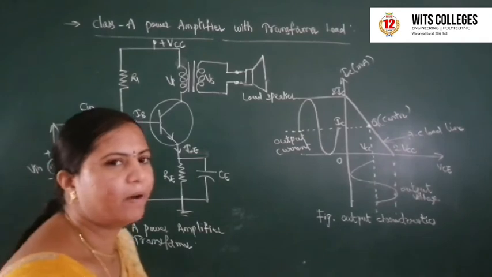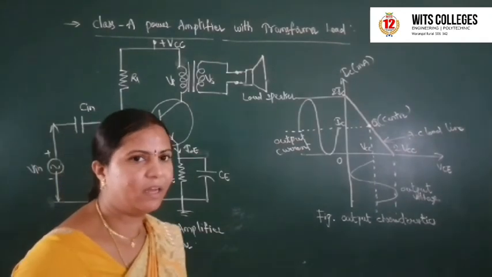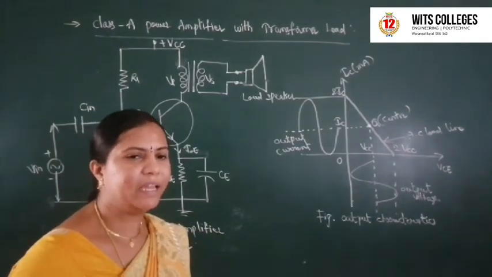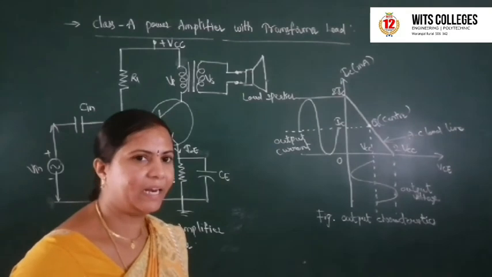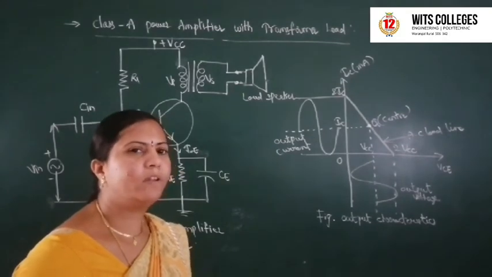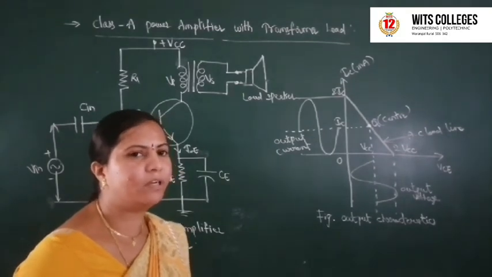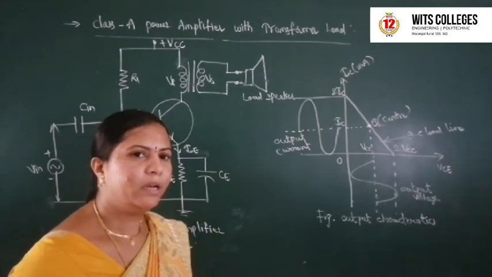Power amplifiers are used to drive transducers like loudspeakers and antennas. The maximum power is delivered from the power amplifier to the transducers.